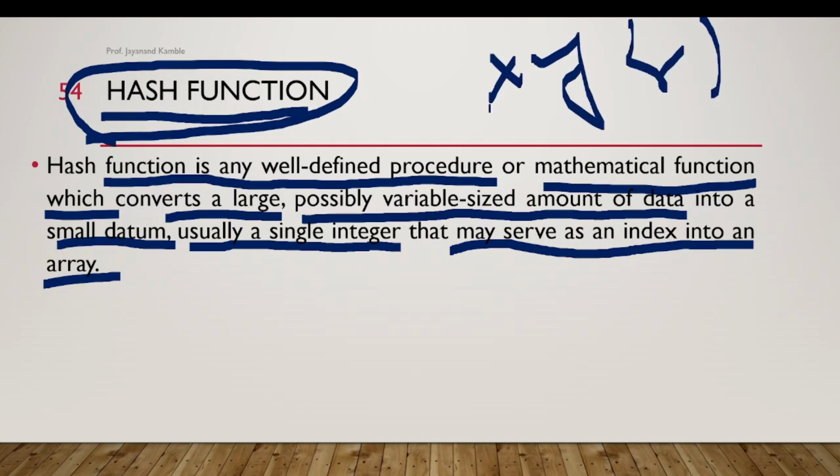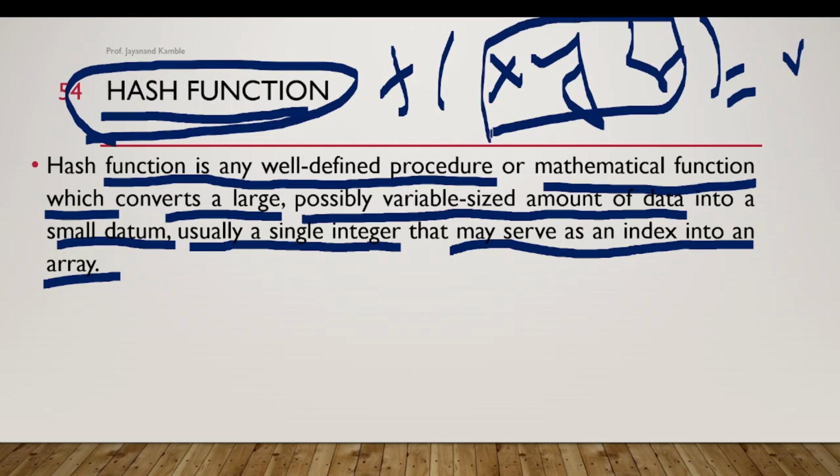Then we are going to apply a function on this x, y, z. Then it is going to return some value to us. That value is nothing but an integer value. This integer value we are going to use as an index into our hash table, and associated with that index, this is the value that we are going to store. So key value will be V, and the value associated with this key will be X, Y, Z. In this form we are going to store the data, right?